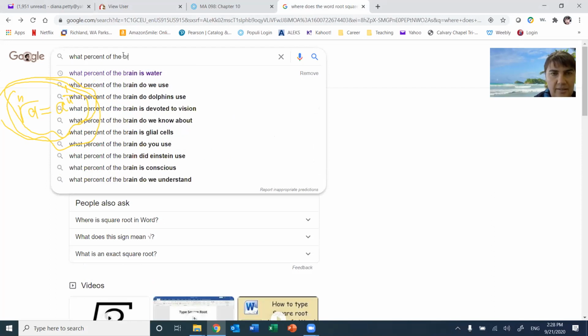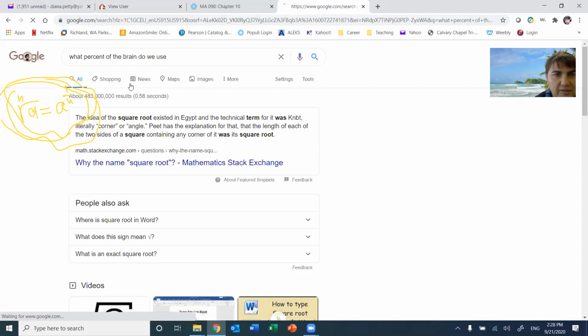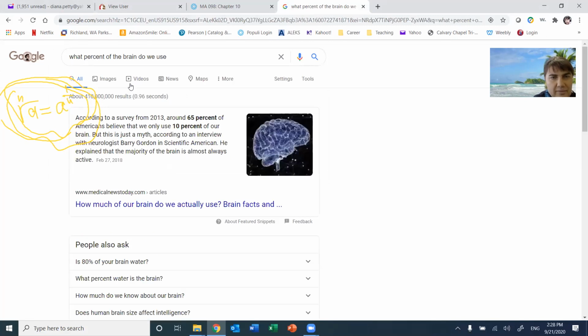The brain. I want this one. Well, this is what the Americans believed. But this is just a myth, according to the interview. No, this is what Americans believe. It might be a myth.